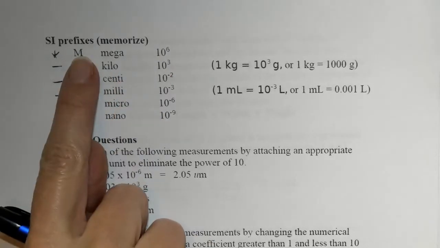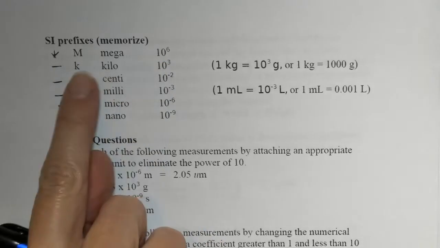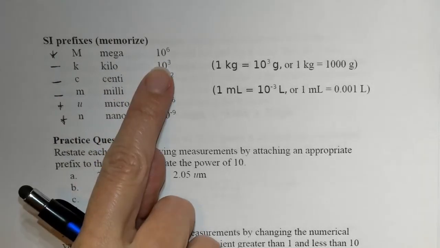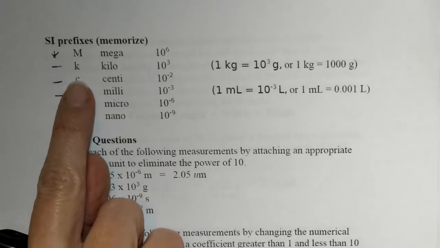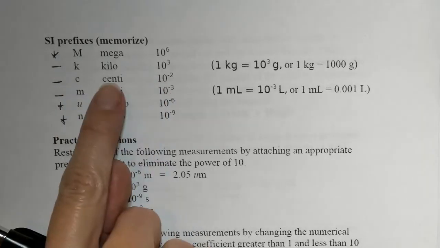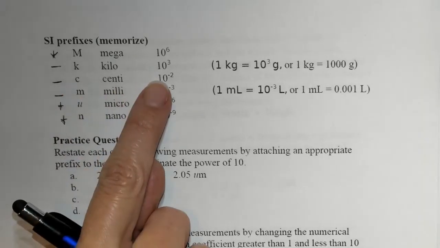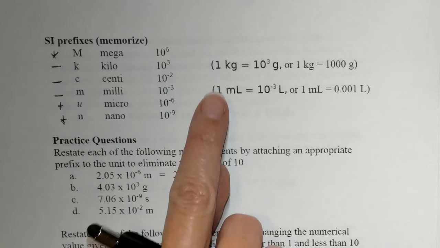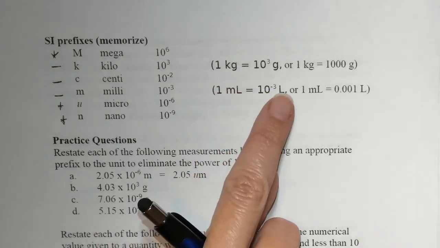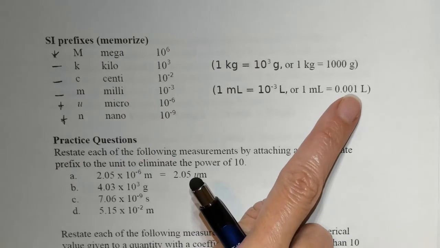So 1 megameter is 10 to the 6 meters. 1 kilometer is 10 to the 3rd meters. 1 centimeter is 10 to the negative 2 meters. So you basically swap, or substitute, the prefix with the power. So with milli, 1 milliliter is 10 to the negative 3 liters, or 0.001 liters.